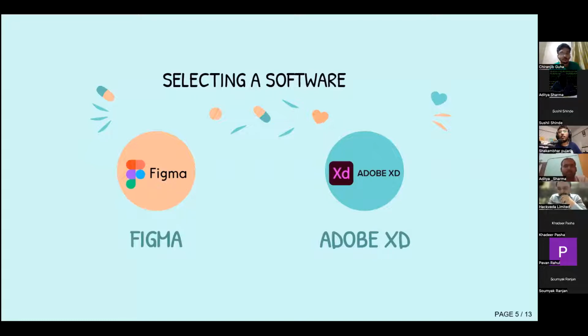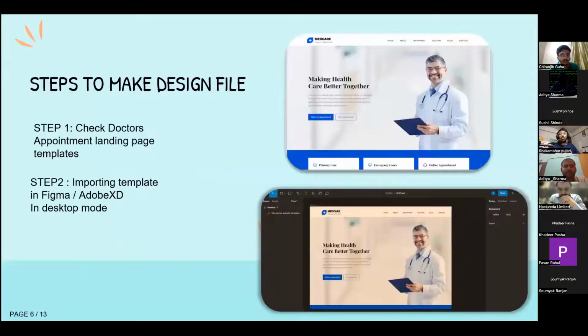Now I would be proceeding with the process of designing the files. To design a website, we can use either of two softwares: one is Figma and the other is Adobe XD. Most of us have made it on Figma, so we will proceed with Figma. In Figma, we need to follow two steps.